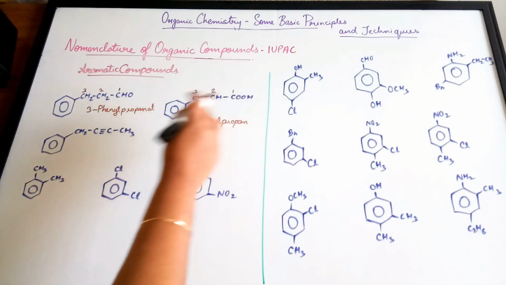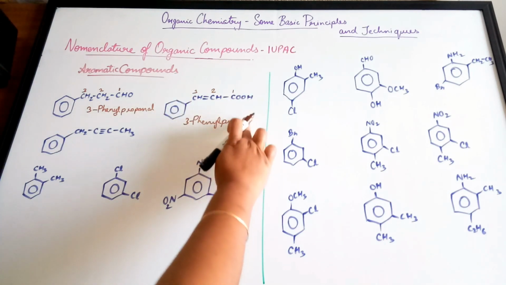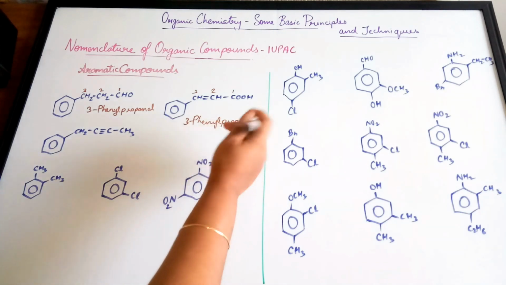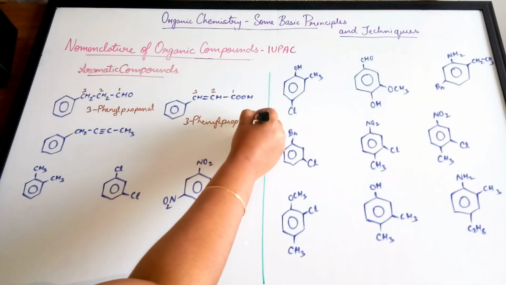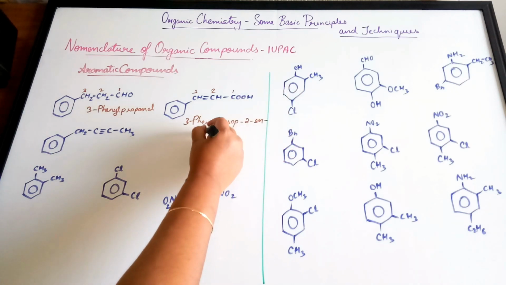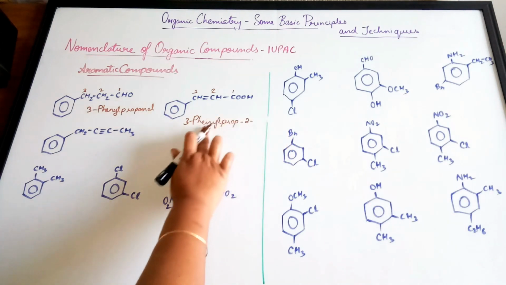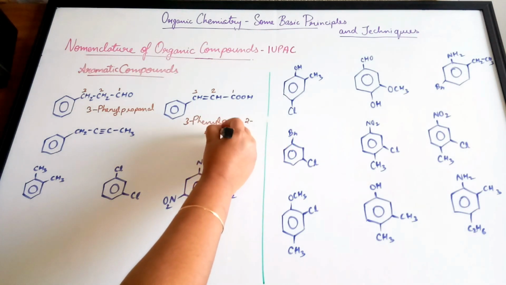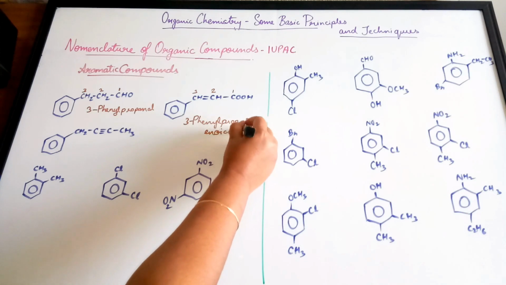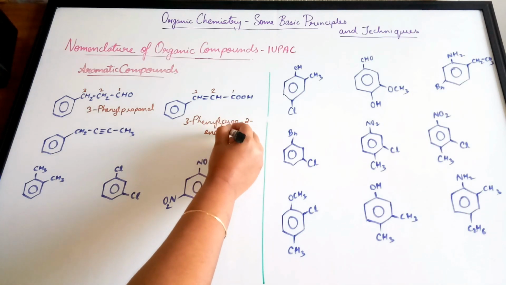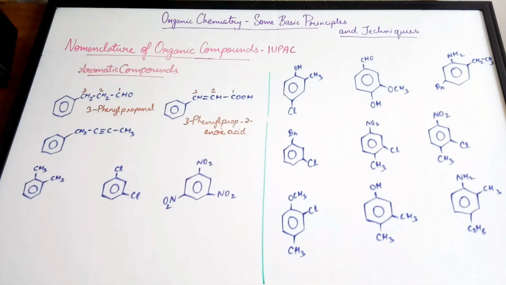Sorry, it's not propan, since it has a double bond, it will be prop-2-enoic, or propenoic acid. You can just write propenoic acid. So here we have a double bond and an acid and a phenyl benzene ring, so that acts as a substituent.